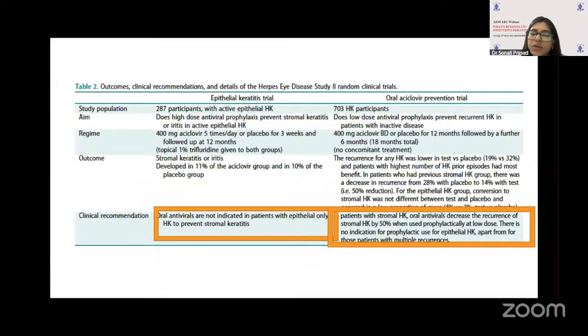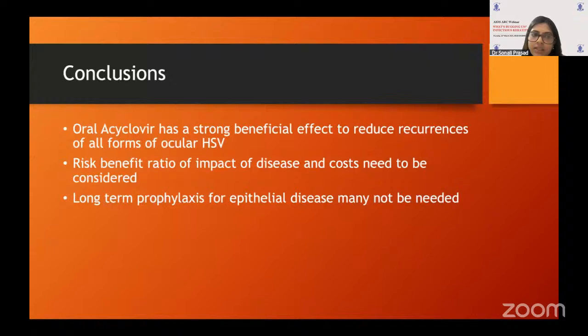It found that oral acyclovir was not indicated in patients with epithelial keratitis to prevent stromal keratitis. And if used in a low dose for a longer time, prophylaxis with low-dose antivirals can give a 50% decrease in the recurrence in cases of stromal keratitis, although no effect was seen in cases of epithelial keratitis.